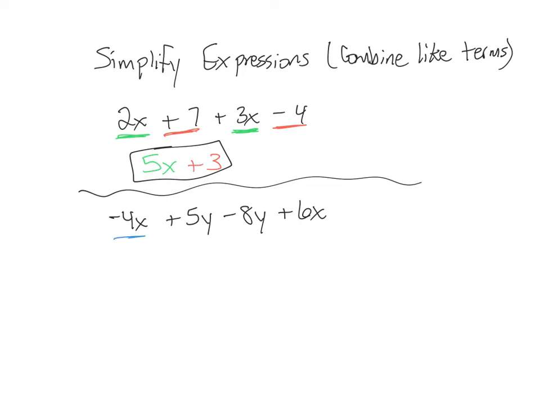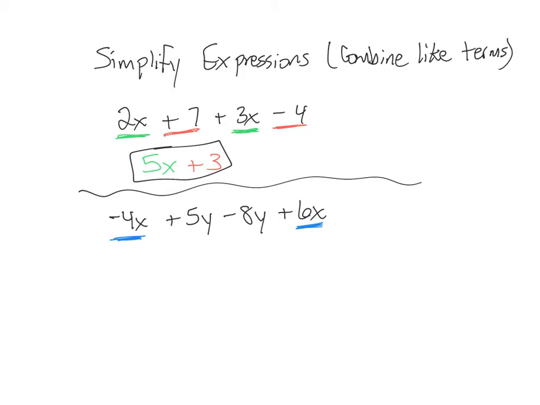Again, when there's more than one letter, we typically write the answer in alphabetical order. So x comes before y, so I'm going to write the x's first. So negative 4 plus 6. We did some review last week with positive negative numbers. So I have a negative 4 and a positive 6. So plus 6 means positive still. So I have one of each.